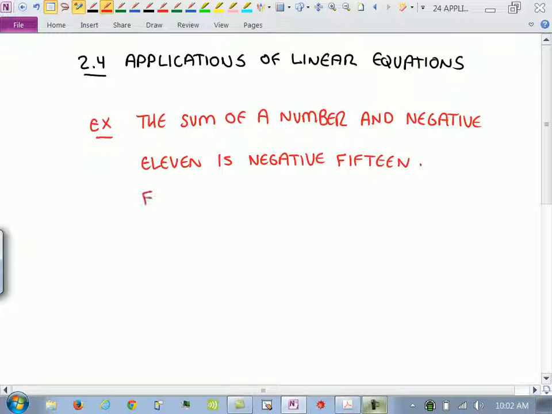Find the number. Now, I realize that very rarely would you ever be faced with a problem like this, a word problem where they would say this. But as we move on in this section, you'll see that some of the word problems actually you might.